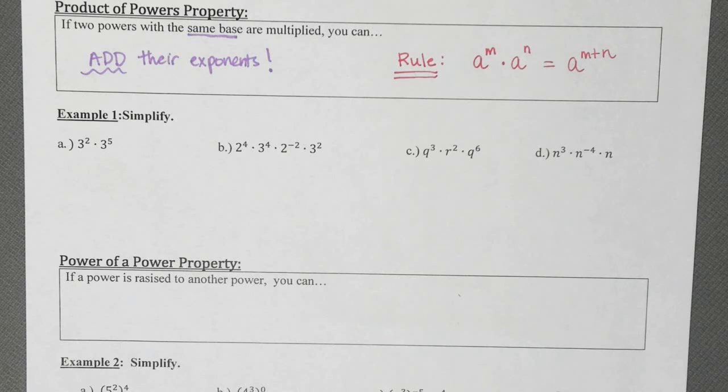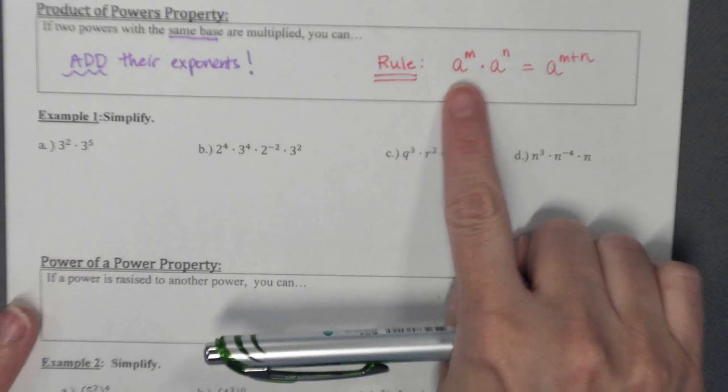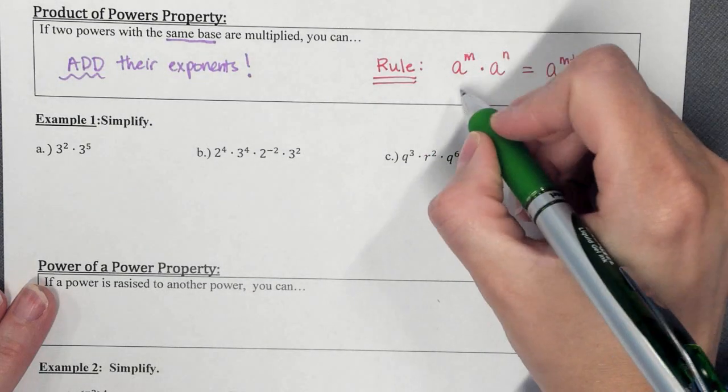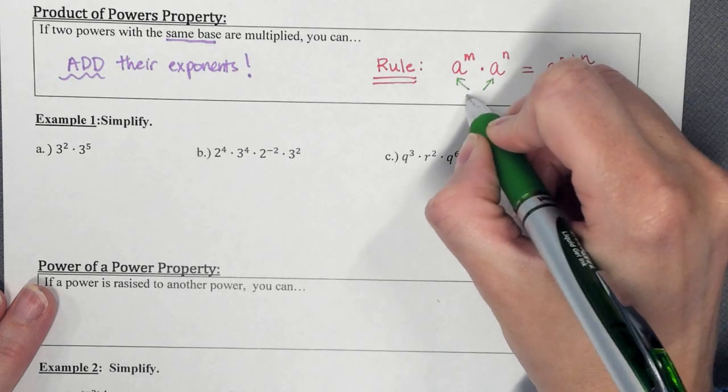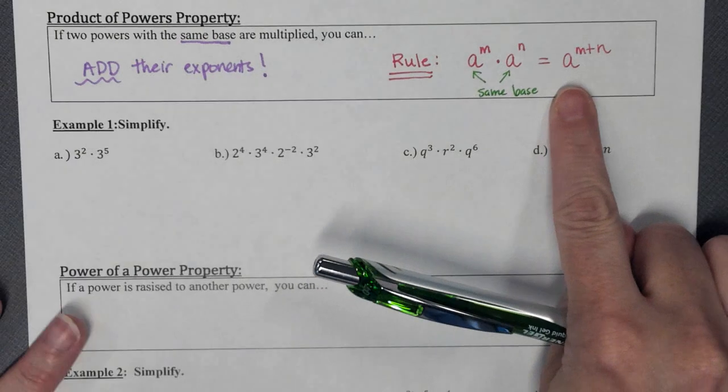So this is what it's going to look like. All right, so then you keep the base the same. Just like with this one, a is the base. And notice that you keep the base the same.